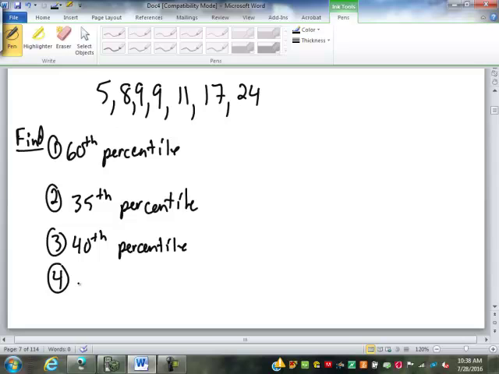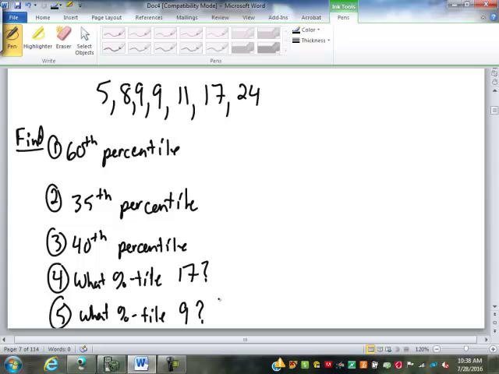And I'd like you to find what percentile the 17 is and what percentile the 9 is. So try those in your notes quick.